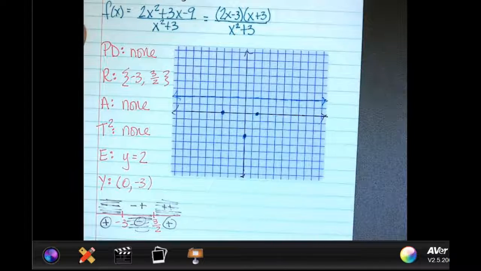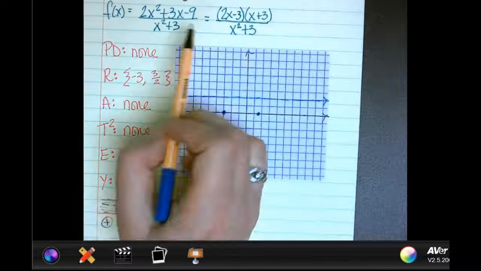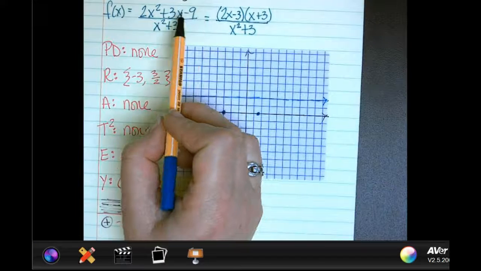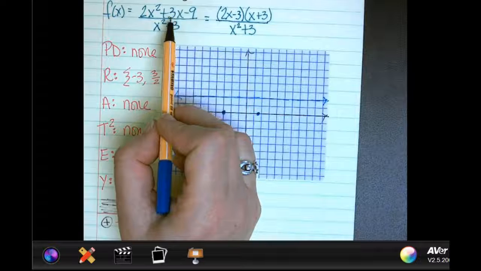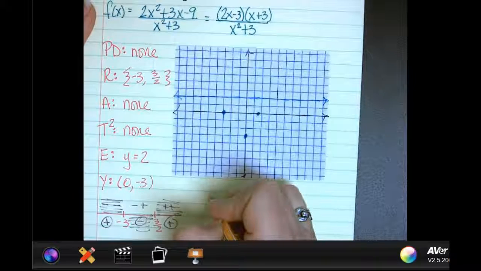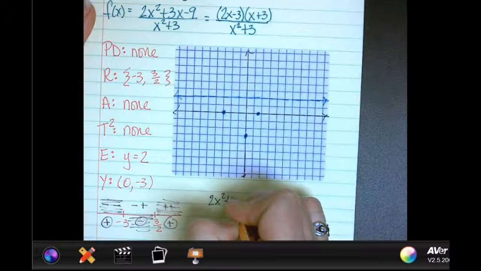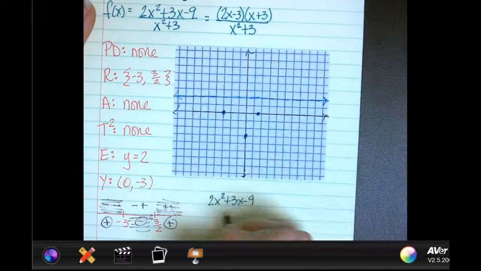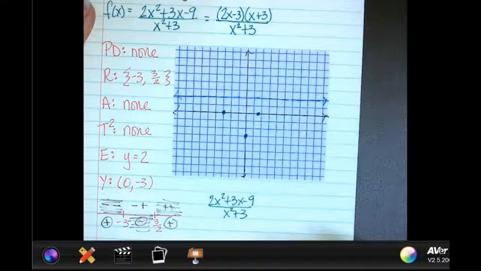So I'm going to take one of these two forms. It doesn't matter which one, but I'm most likely going to have to multiply back together anyway, so I'll take the original. And so I'm going to rewrite (2x squared plus 3x minus 9) over (x squared plus 3). And remember, this is just a system of equations.